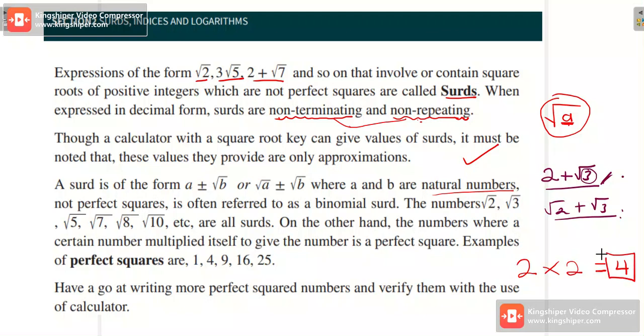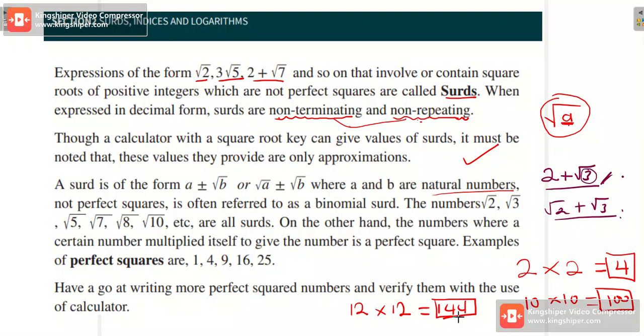We can take 10, multiply 10 by 10, and you get 100. So 100 is a perfect square. Let's take another number, 12. Multiply 12 by itself and the result is 144. Therefore, 144 is a perfect square.